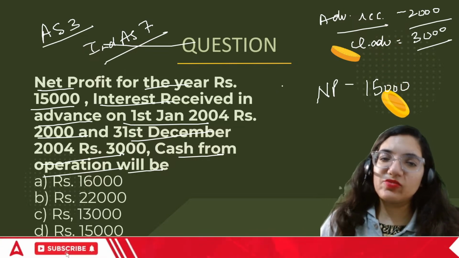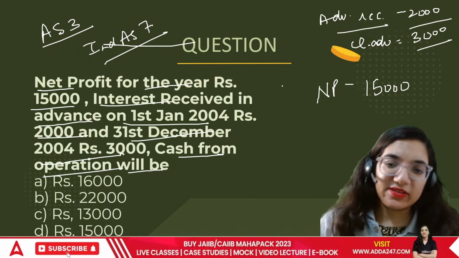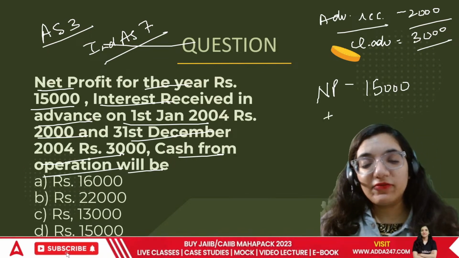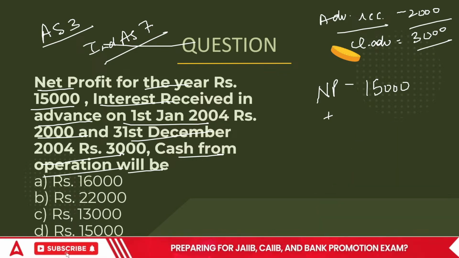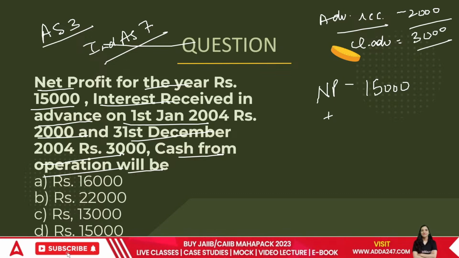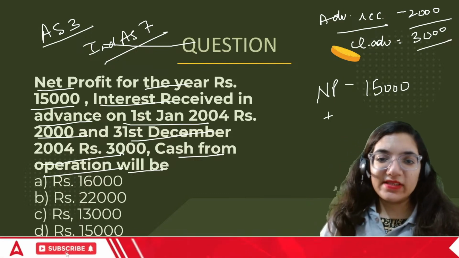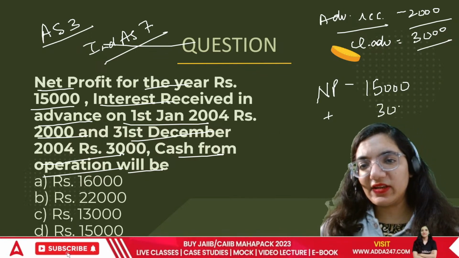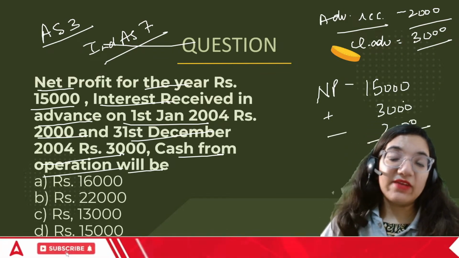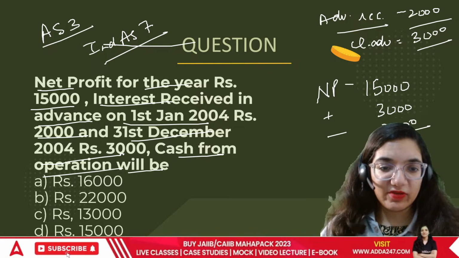In this case, there is only one thing. The amount that we received this year should be recorded as a part of inflow of cash, right? So only what we are receiving this time is to be treated as inflow. Rest would be an outflow of cash. So in this case, it's going to be 15,000 plus 3,000 minus 2,000. Because this year I've received 3,000 and 2,000 belongs to our profit from the previous years.